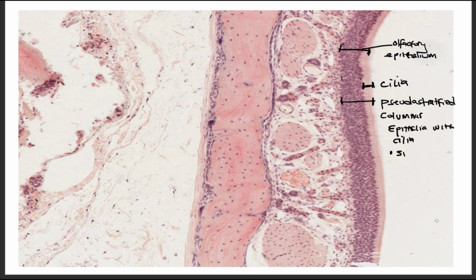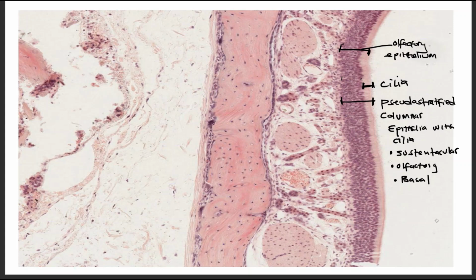The first type is the sustentacular cells. And then you've got olfactory cells. And then you've got the basal cells. All of these are here. We can't tell them apart here because this is at medium power. We'll tell them apart when we look at it at high power.